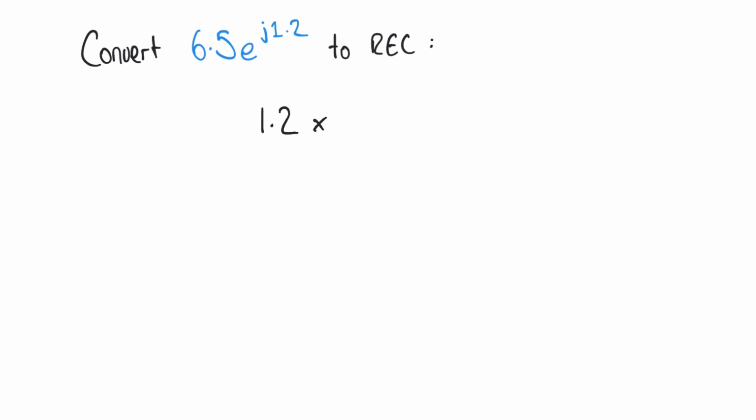We see that 1.2 multiplied by, this time, 180 over pi to convert from radians to degrees gives us 68.75 degrees. So in polar form, in terms of degrees, our modulus r stays the same, and our angle we've converted to degrees.